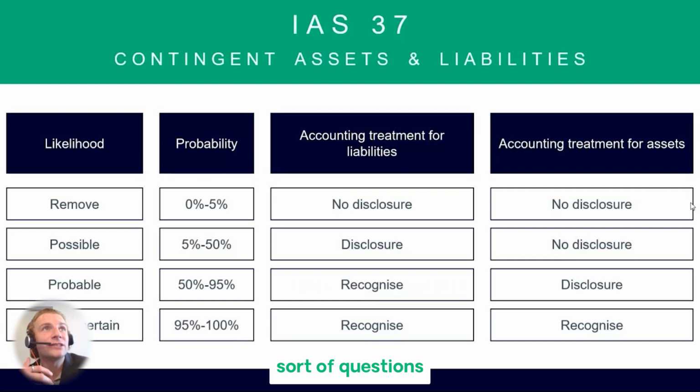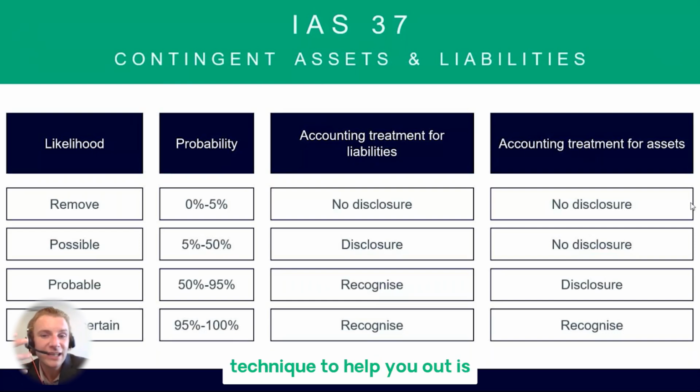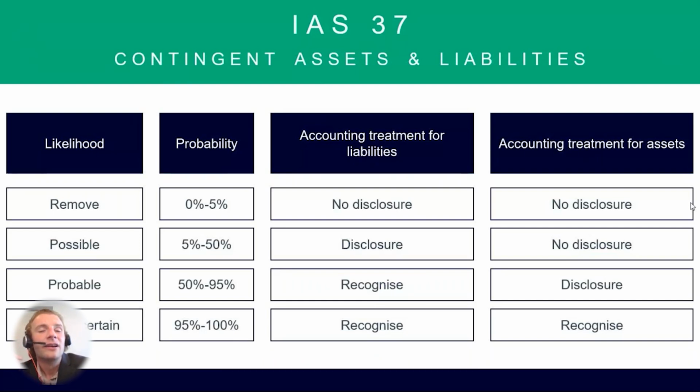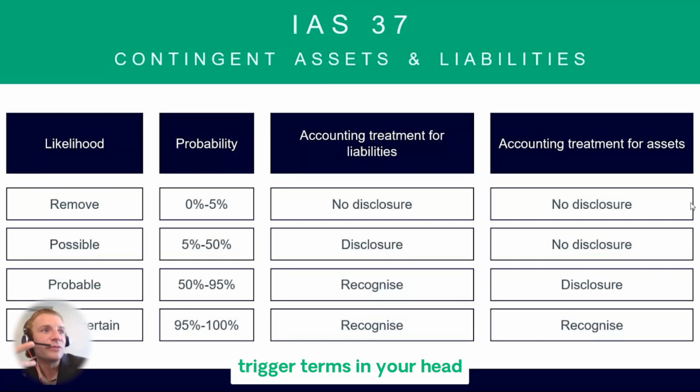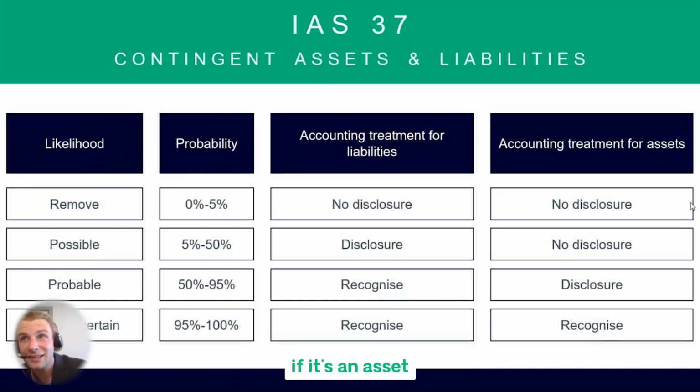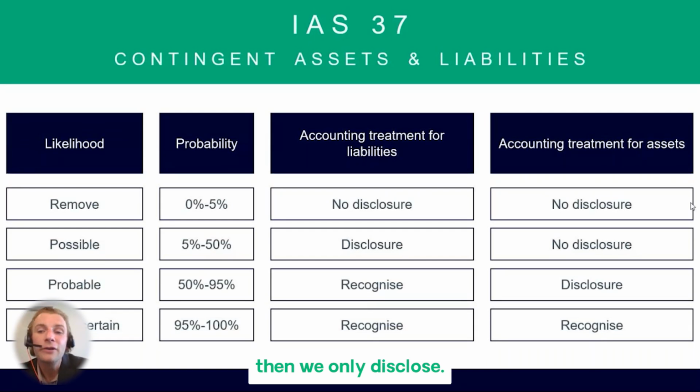And these are the sort of questions where, as another exam technique to help you out, you've got to have trigger terms in your head. When you see contingent, you've got to think, what is the likelihood? What is the probability? And if it's highly probable or virtually certain for liabilities, we've got to actually recognize it. But the difference is, if it's an asset that's probable, then we only disclose.